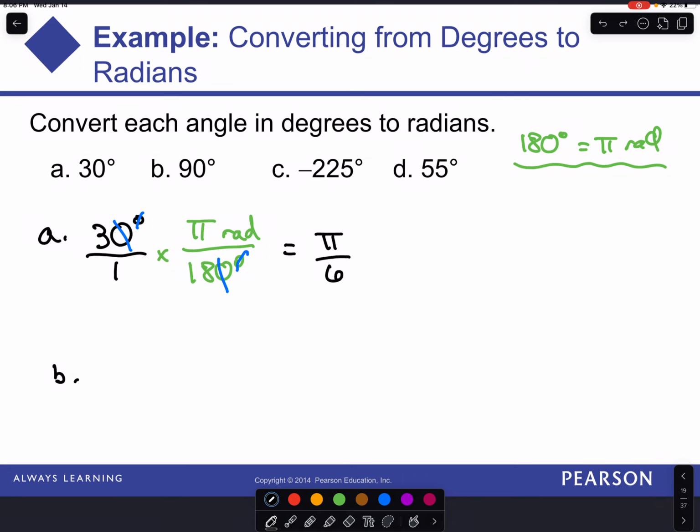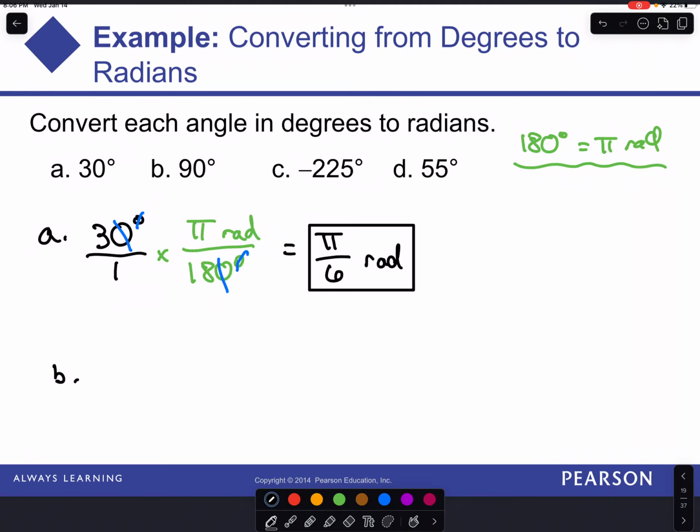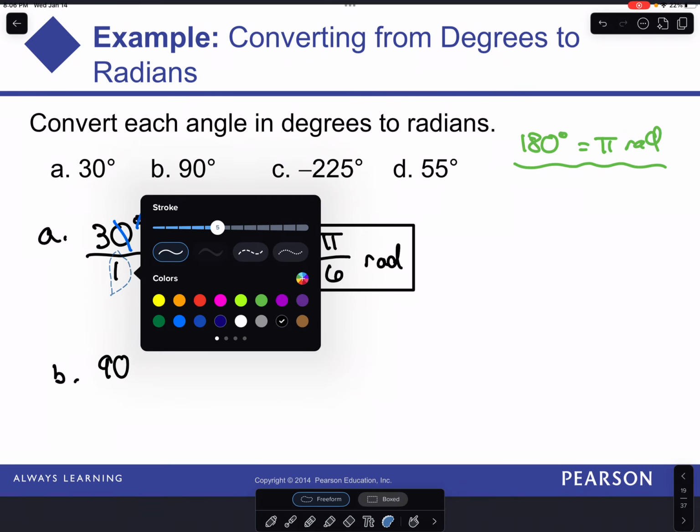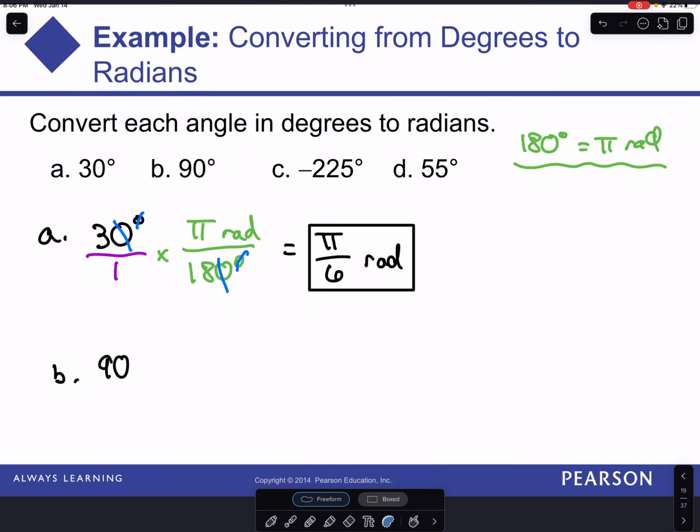Let me see. I think they kept radians. Okay. So for B, we have 90 degrees. And again, this over 1 is something that I introduce. That's how I do my conversions. I just introduce that. So 90 degrees over 1.